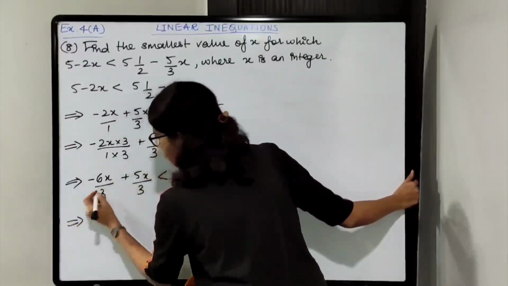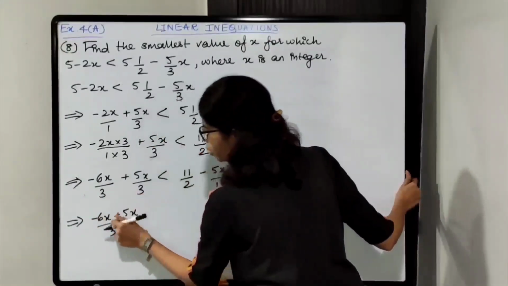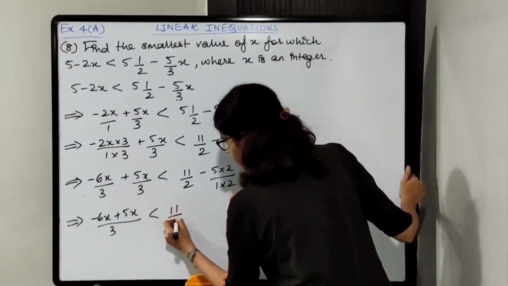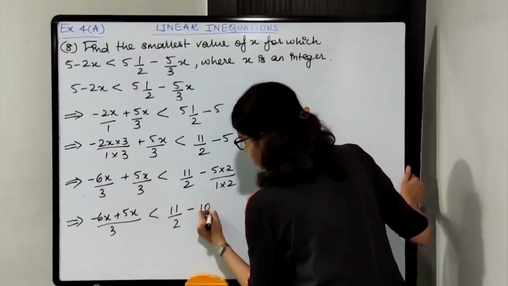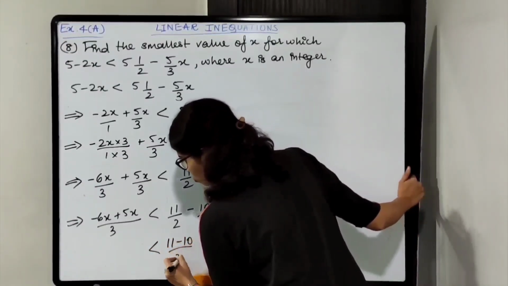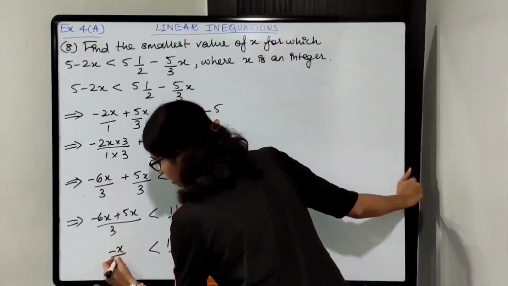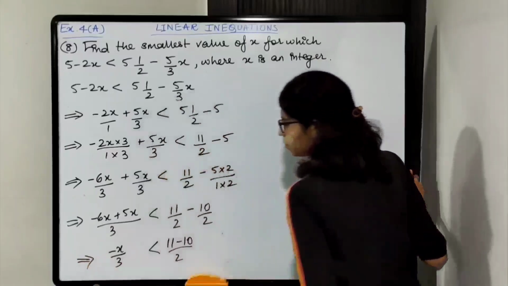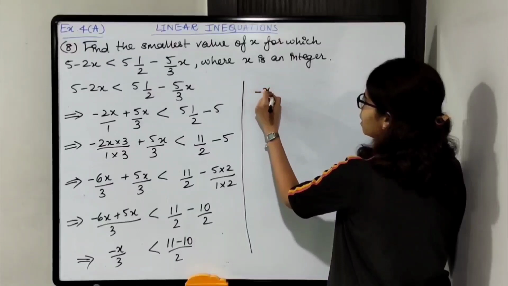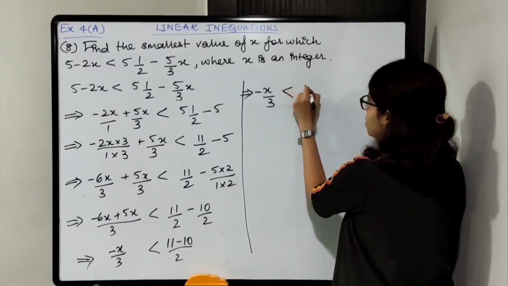So minus 6x plus 5x हो जाएगा divided by 3. Common denominator ले लिया. Okay. Less than 11 by 2 minus 10 by 2. Now we'll take common denominator. So 11 minus 10 by 2 हो जाएगा. And over here 5x minus 6x gives minus x by 3. है ना? So minus x by 3 is less than 11 minus 10 is 1 upon 2.